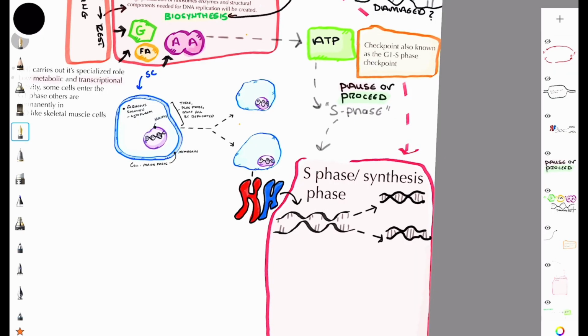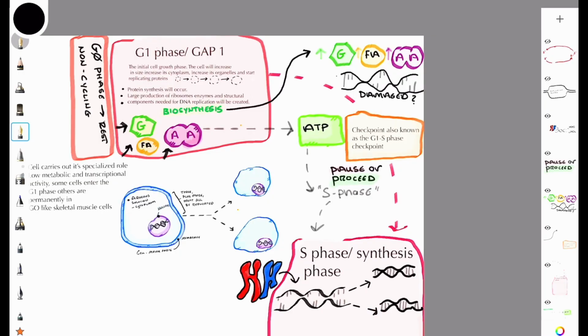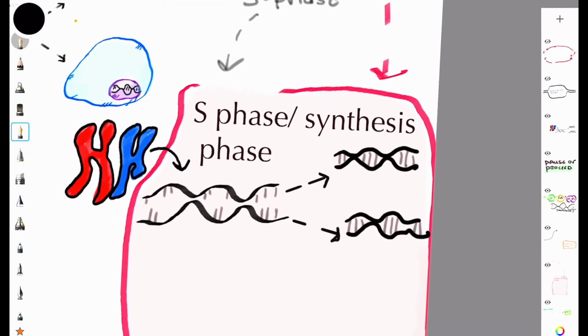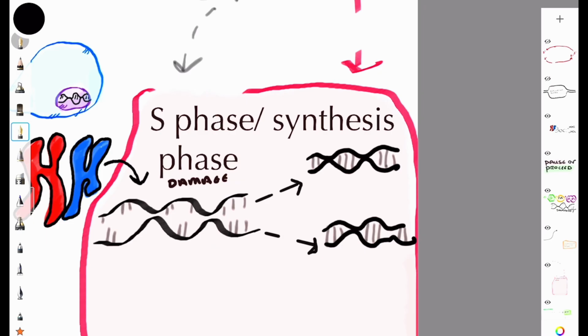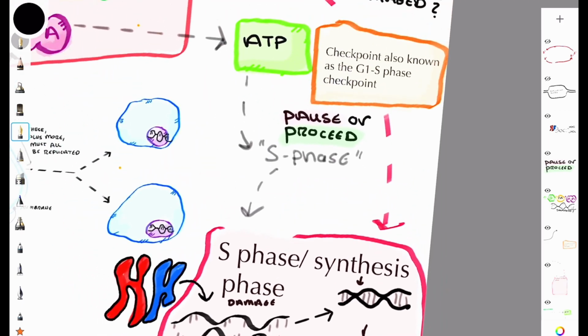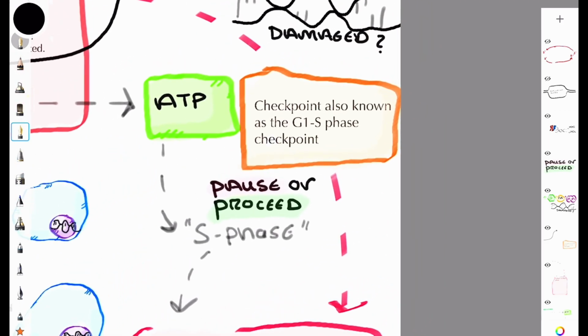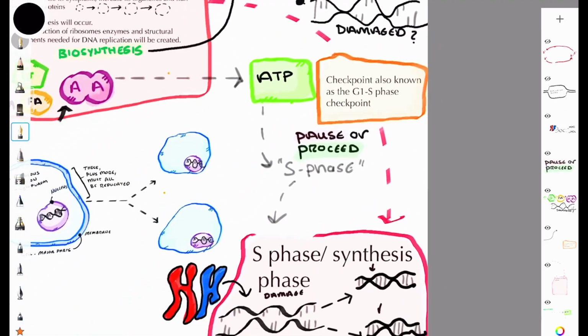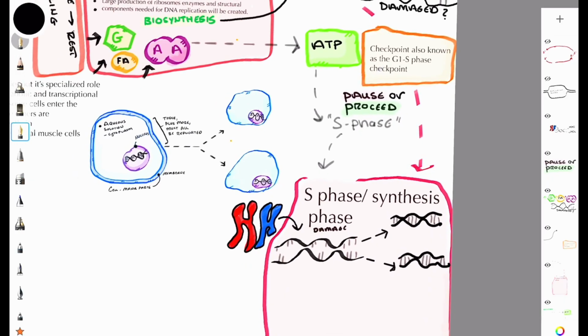And like I said above, if we have damage to the DNA here, well, that means now we have damaged DNA here. And that damaged DNA is going to be replicated to the daughter cells, right? So that's why we have to have this checkpoint. We have to make sure everything is okay before we start replicating DNA, okay?